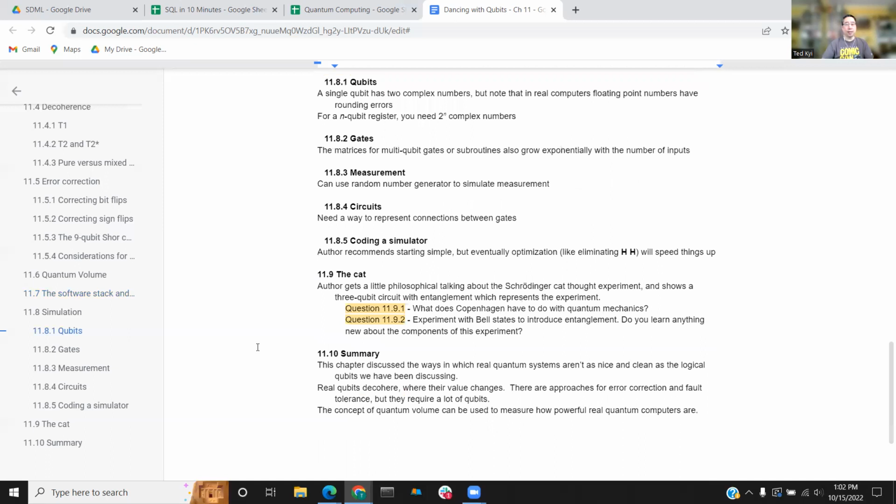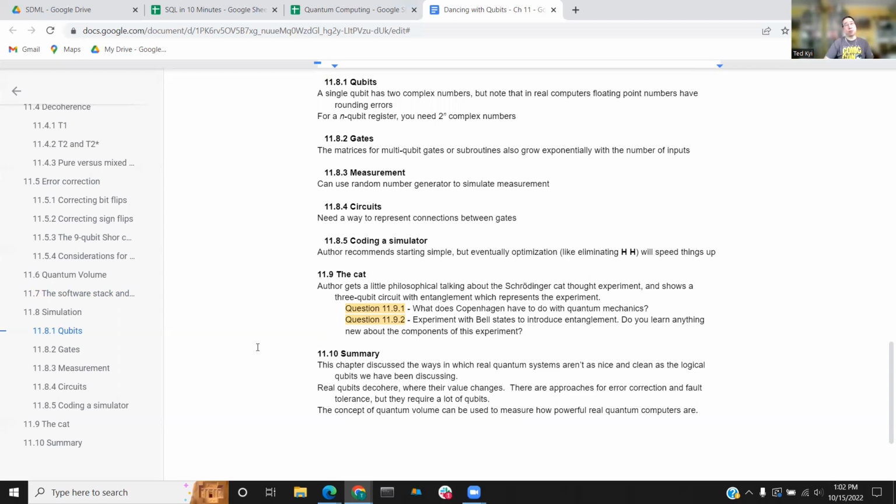All right, and so then in the last section, the author gets a little bit philosophical. He talks about the famous Schrodinger's cat thought experiment. I had to reread it because at first I didn't really understand where he was going, but basically he showed a circuit with 3 qubits, with entanglement involved, and this circuit represents the philosophical quandary that we have.